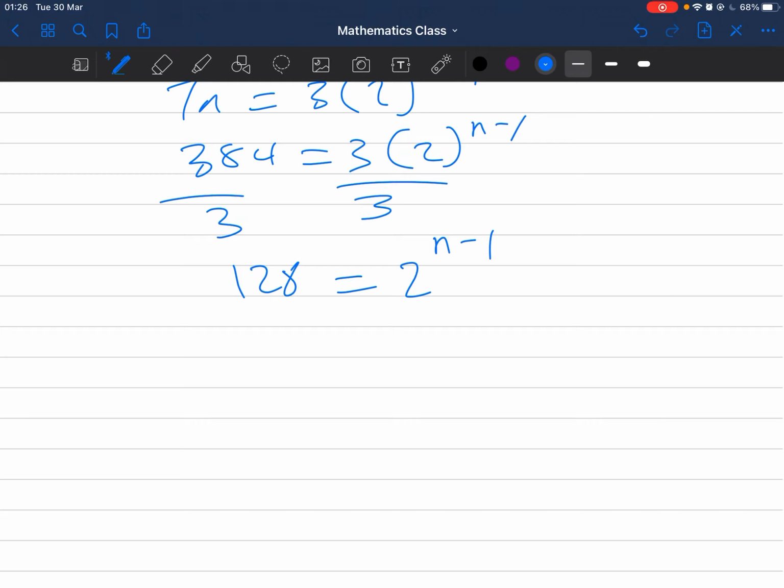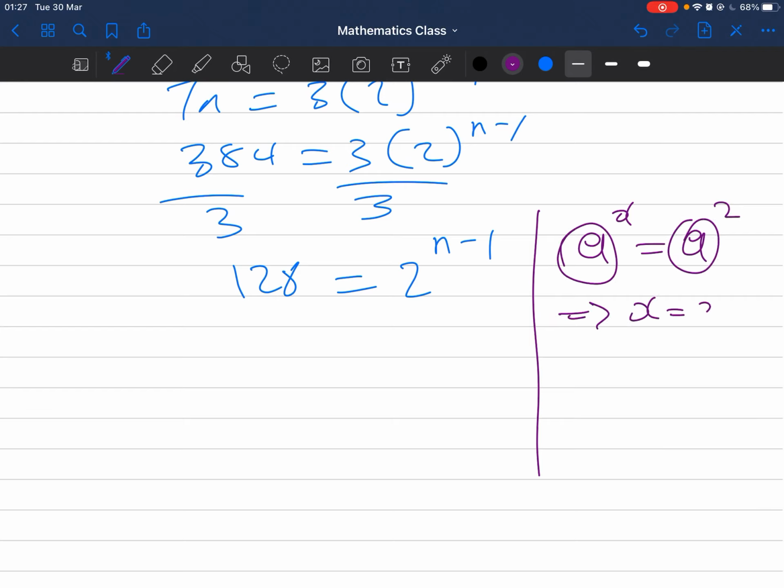Now you need to use what we learned on our previous video: if the bases are the same, then the exponents are equal. Remember, algebra says if you have a to the power x equal to a to the power 2, the bases are the same, therefore x is equal to 2. The exponents are equal. So we know that 2 to the power 7 is 128.